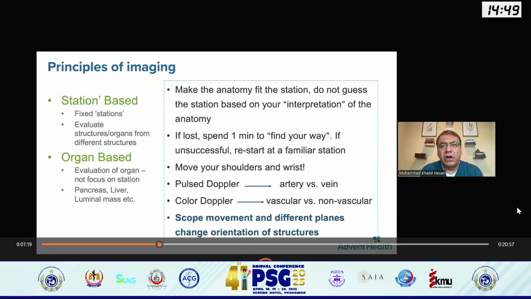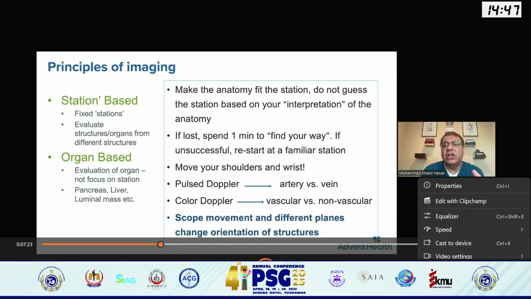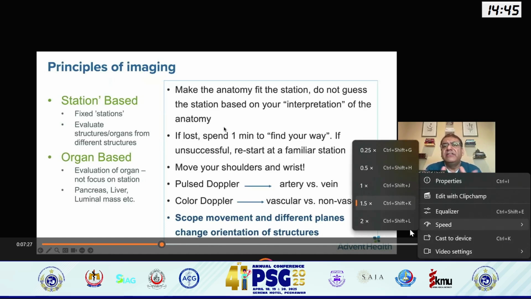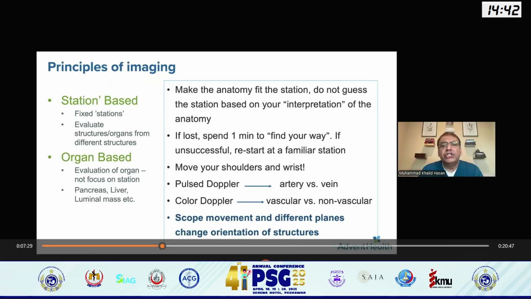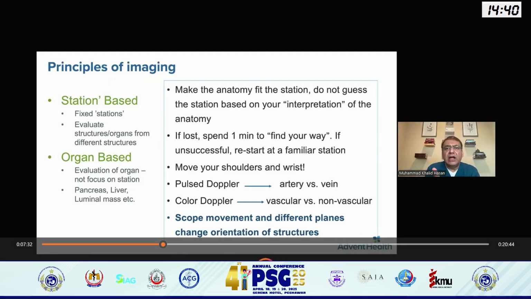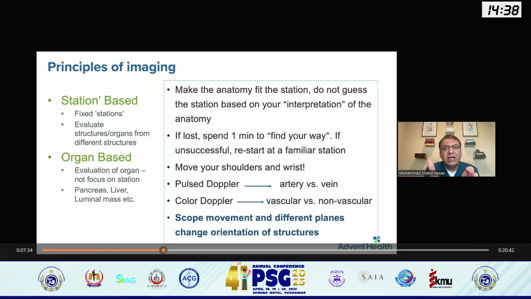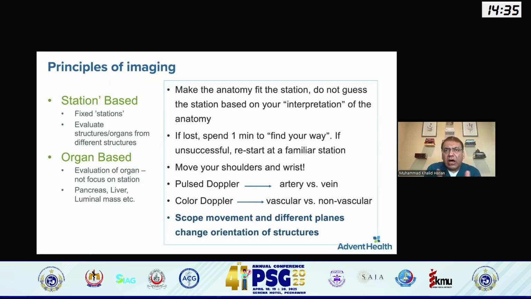One few important points I want to make is that when you do an EUS, make the anatomy fit the station. Don't assume your interpretation based on the station. If during the EUS, in the beginning and even sometimes, you get lost, spend a minute, and if not possible, come back, find the most familiar station like the aorta, a big organ which you are familiar with, or the duodenal bulb, and then start over and go from there.